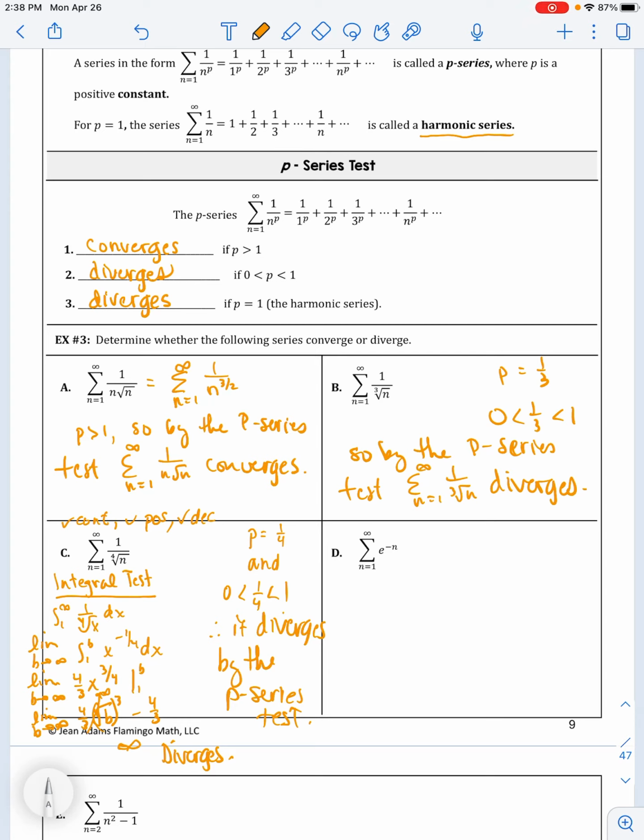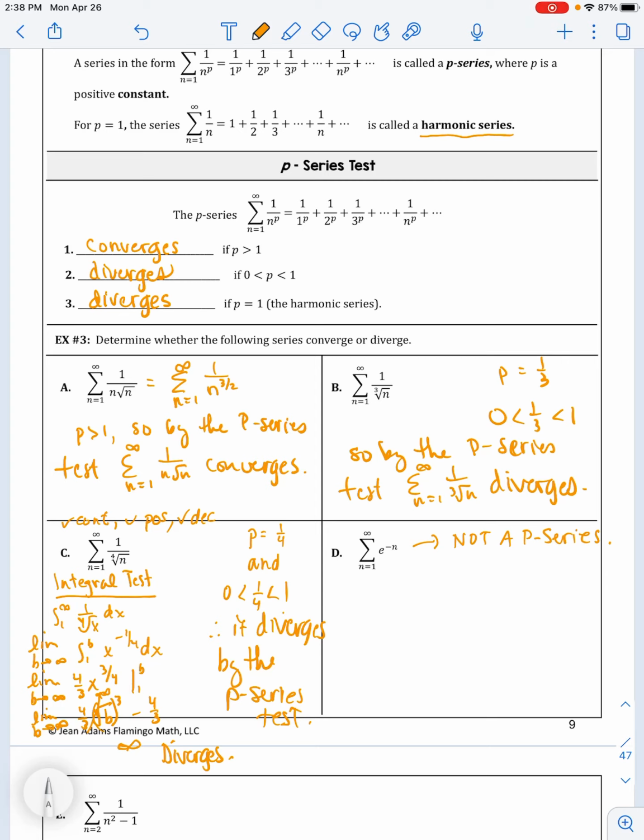Well, this goes to infinity, and therefore it diverges. And so you don't always have to use one test. There are other options.